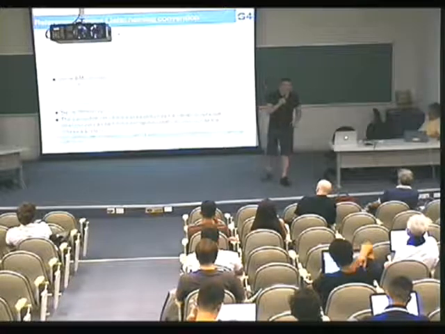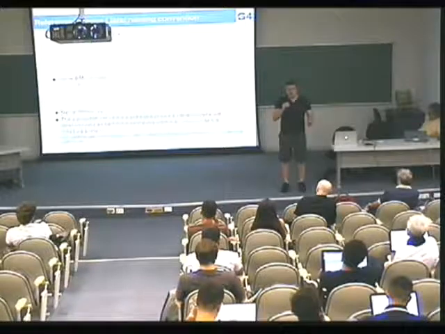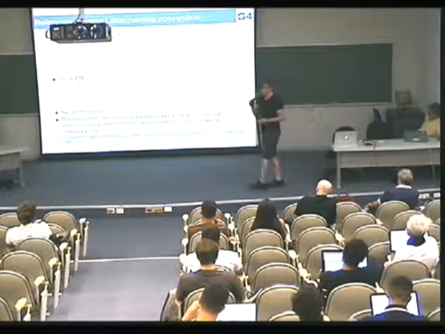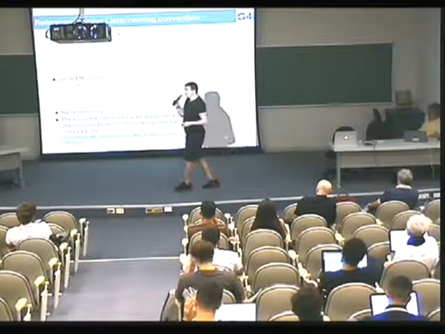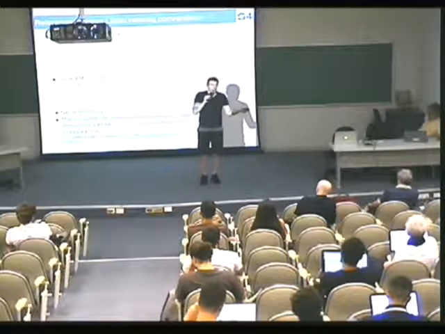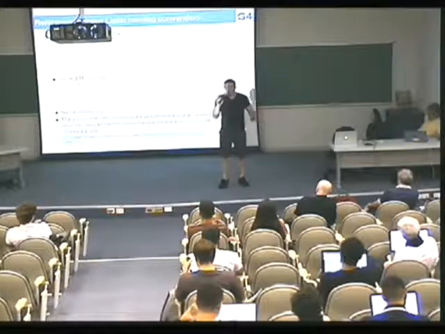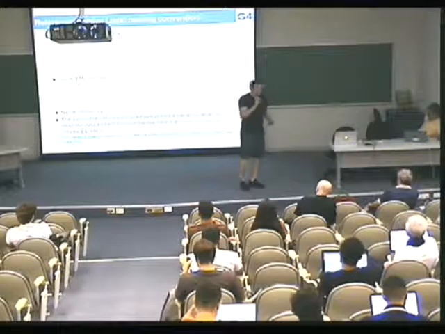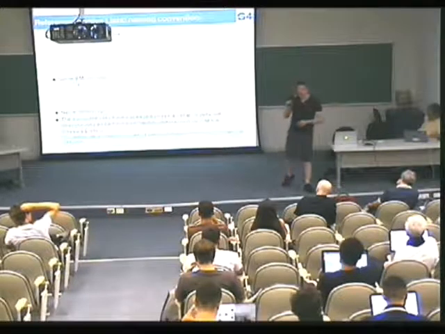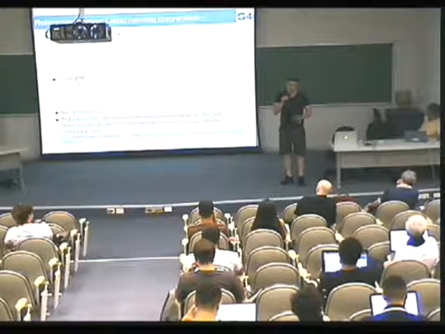But don't forget that when you choose a physics list, you always need to balance two things. On one side, you want a really accurate description, but on the other side, you want a really efficient, fast simulation.